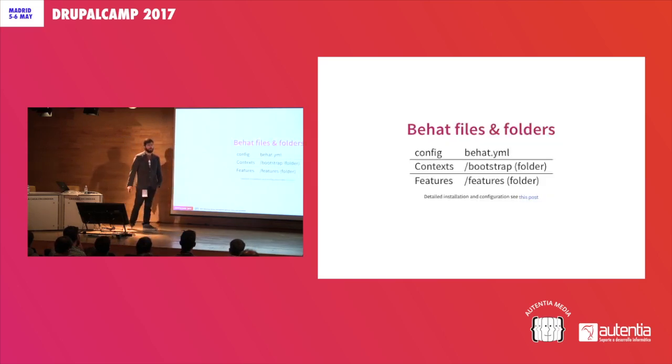And the main files and folders for Behat are these. We have the config YML, where we are going to set which libraries we want to use, the base URL of our project, some variables, whatever is going to be in that config file. Also, we're going to have in the Bootstrap folder the context.